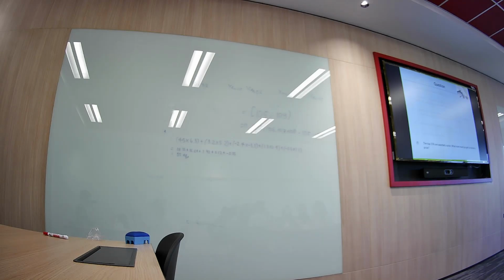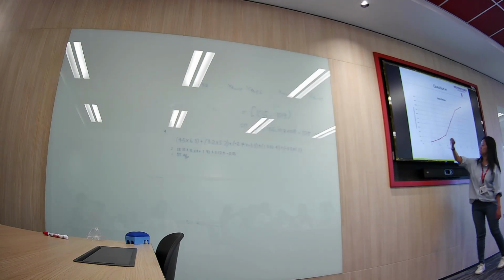The top 15% get a prize because they can get a high score. What mark must you get to receive a prize? So you can see from this plot actually. This is the frequency. Okay.